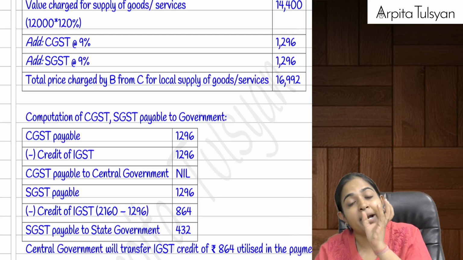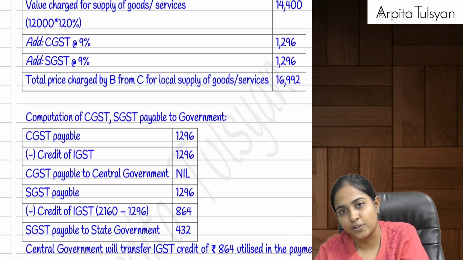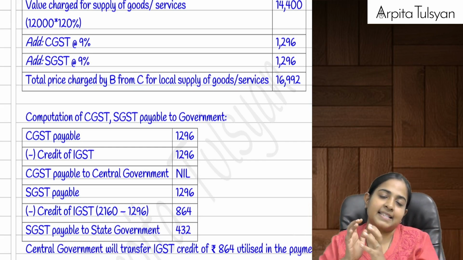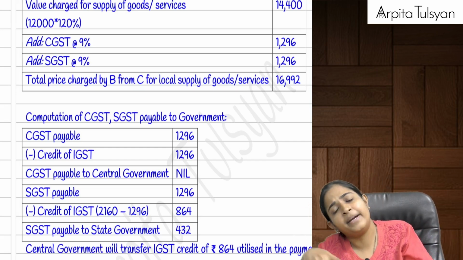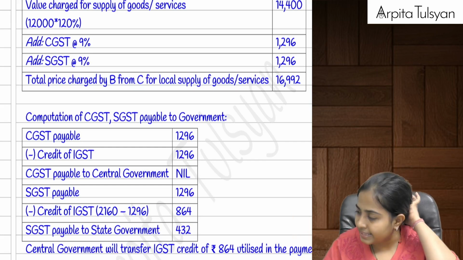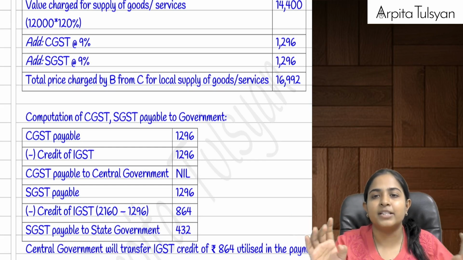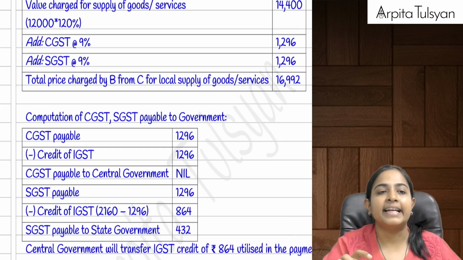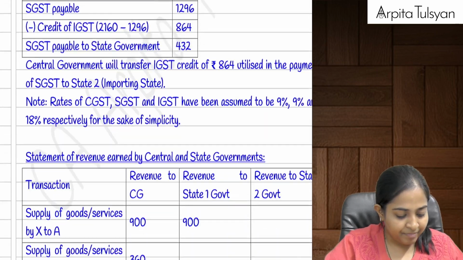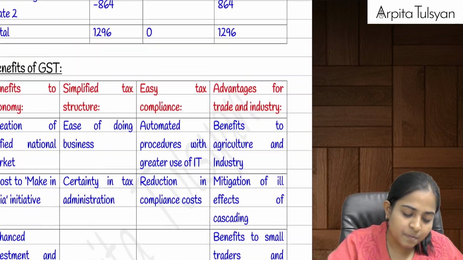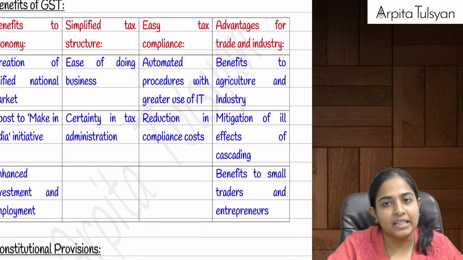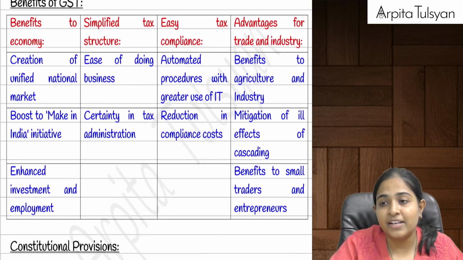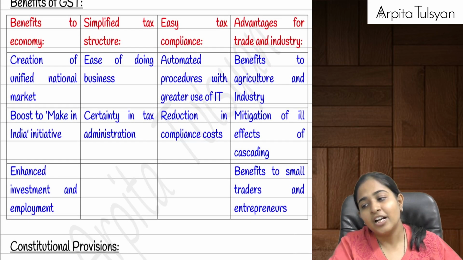SGST goes to that particular state government where the goods are consumed. And IGST is collected by the central government, but ultimately they will do their internal workings and then this will be distributed between the state and the center. Are you clear with this? Please do refer to this particular calculation which I did in the main lectures. That was very simple to understand the entire concept.